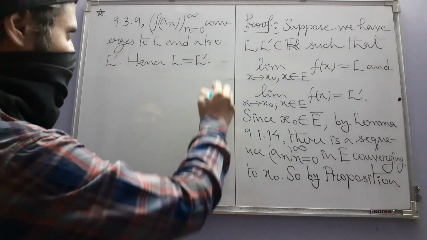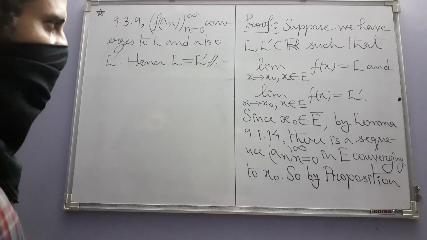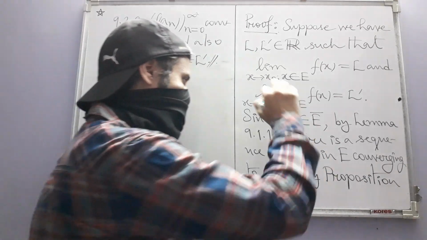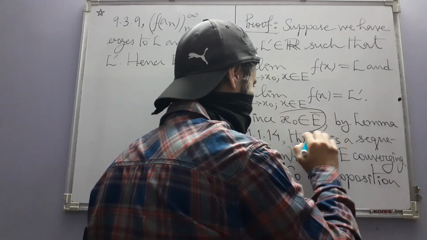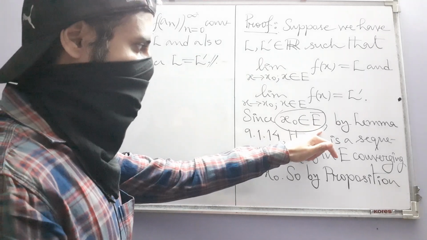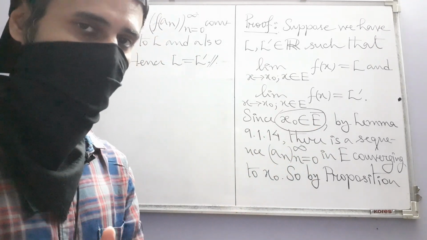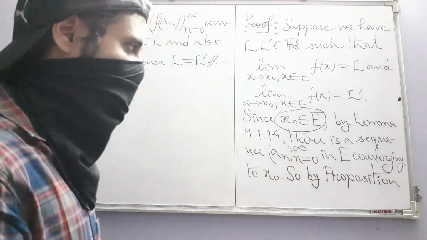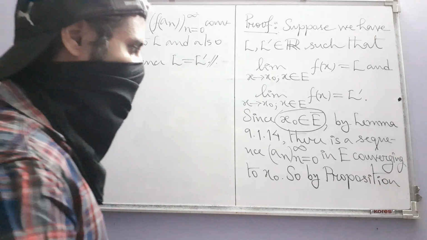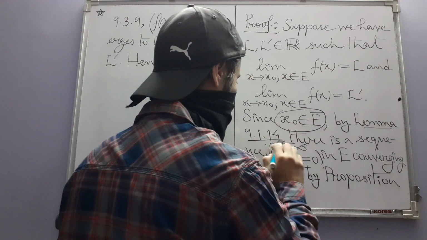And that's how we have ended up proving that there is at most one limit. Notice once more how this condition has played its role. Because x0 is an adherent point of E, there has to be at least one such sequence in E which converges to x0, and then we can use our sequential formulation. So the existence of this sequence comes from lemma 9.1.14.